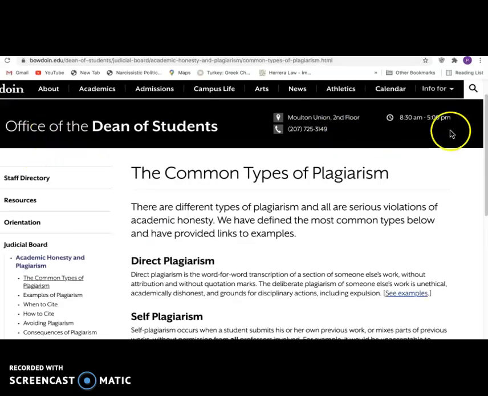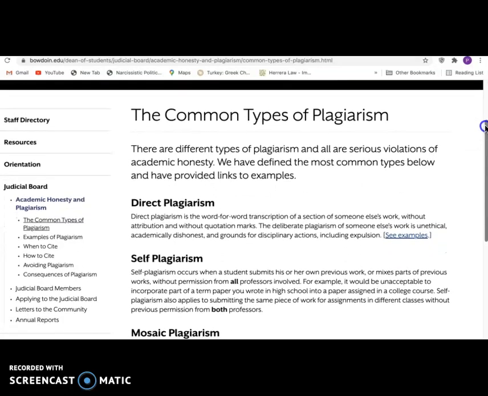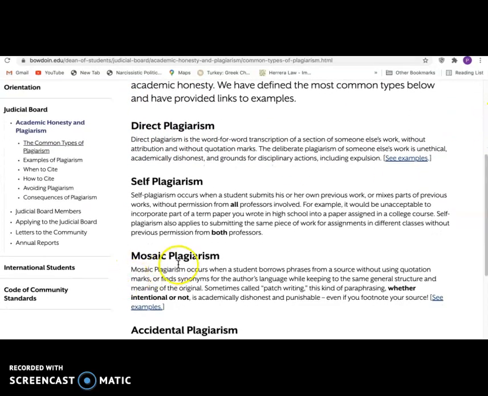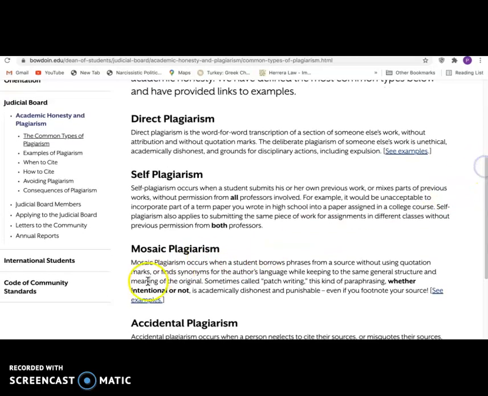If we look at this posting from Bowdoin College's Office of the Dean of Students, they break down the common types of plagiarism that include direct word-for-word transcription, but also what they call mosaic plagiarism. I want to highlight this because I'm seeing it happen a little bit at times in some of the discussions, and I want you to not do that because it is still plagiarism.